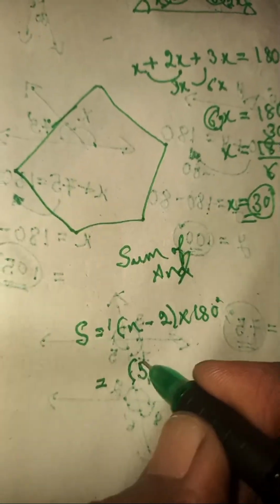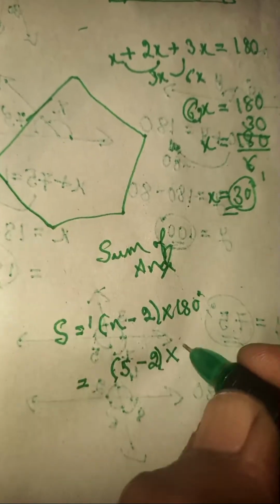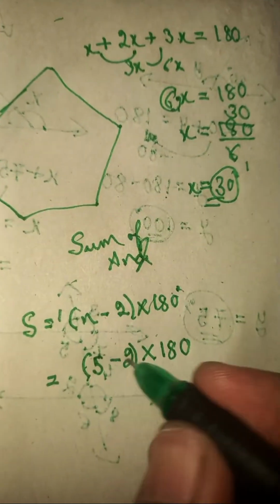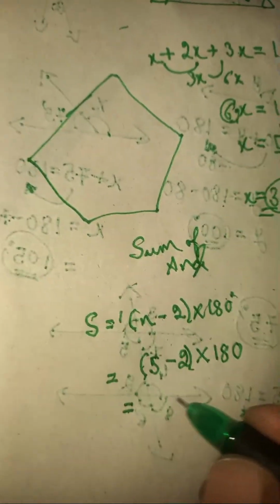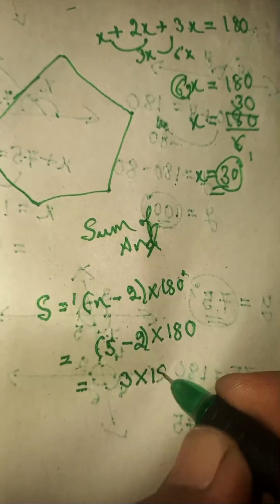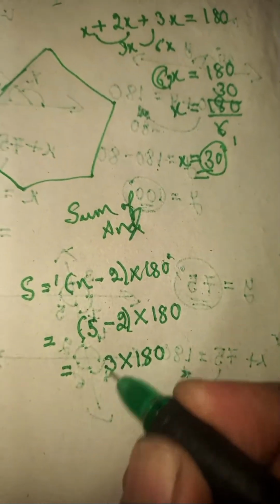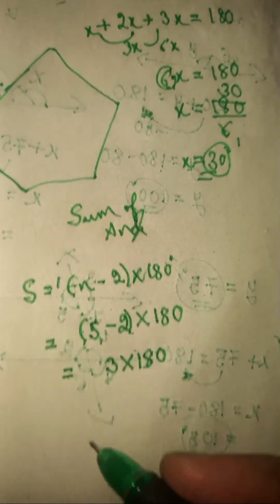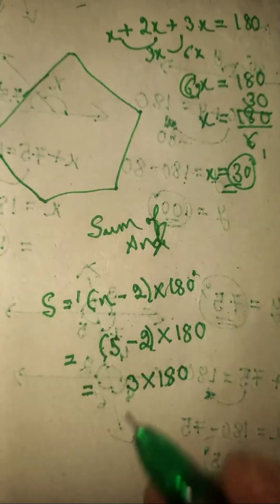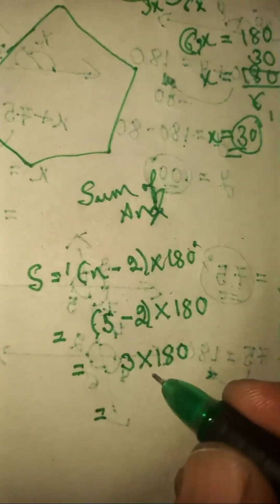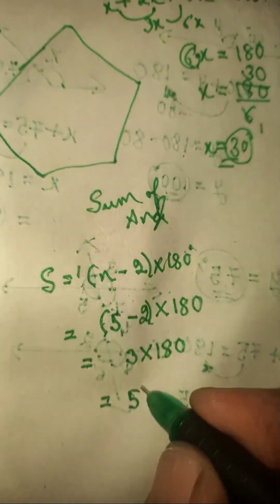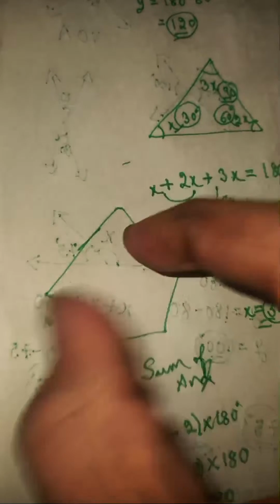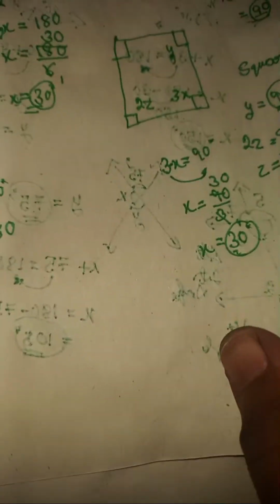So you're going to get 5 minus 2 times 180 degrees, and this 5 minus 2 becomes 3, so 3 times 180 degrees. 18 times 3 is 54, and the 0 comes along, so it becomes 540 degrees. So if you sum all the angles in this pentagon, it is going to be 540 degrees.